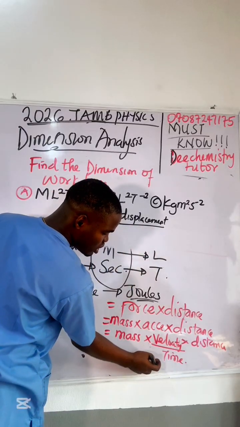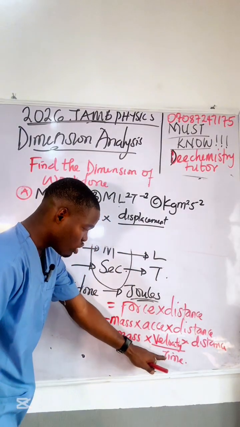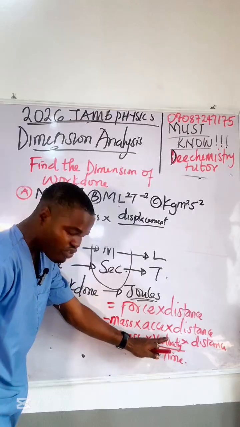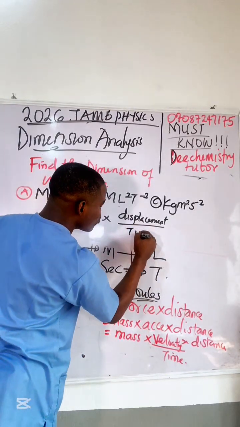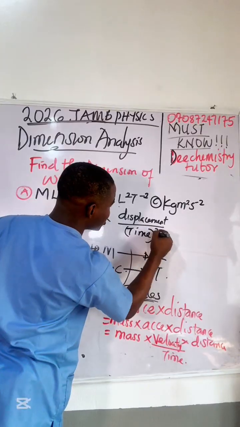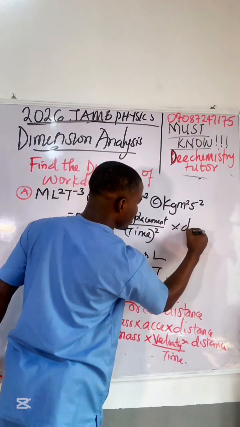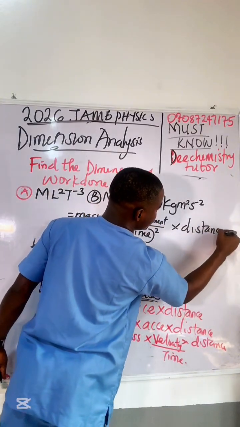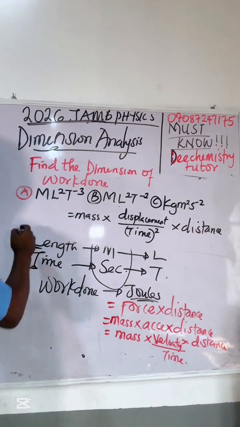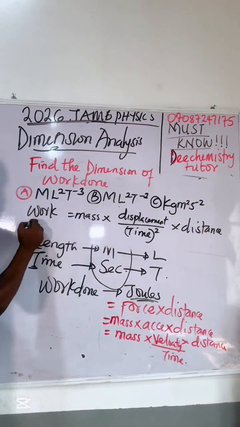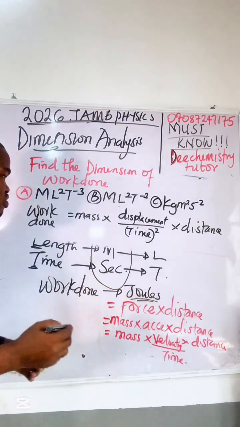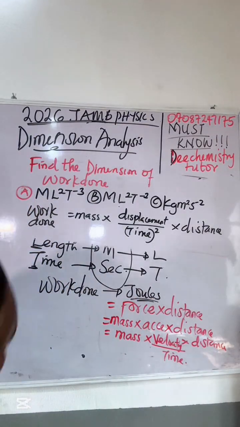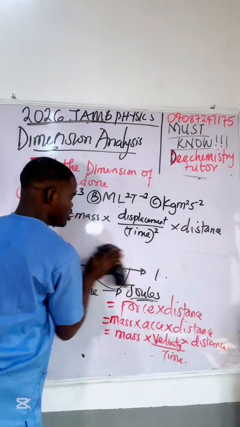Don't forget the time becomes t squared, because there's a time here: velocity itself is over time, so time times time becomes time squared. Then times distance. Bus stop. I'm done. I'm teaching as I'm doing all this; in the exam, I already know the formula for force, so I'll just put it and solve it. But you need to understand where all these things are coming from.